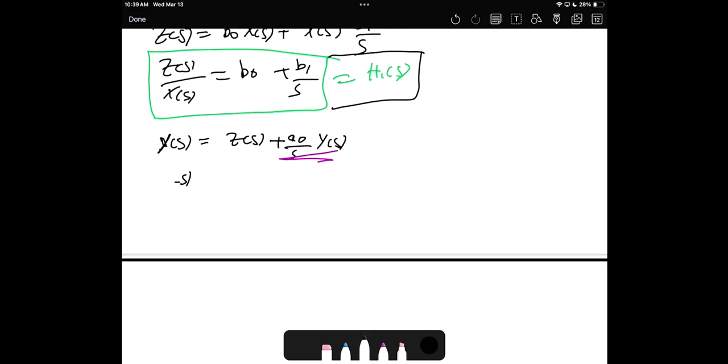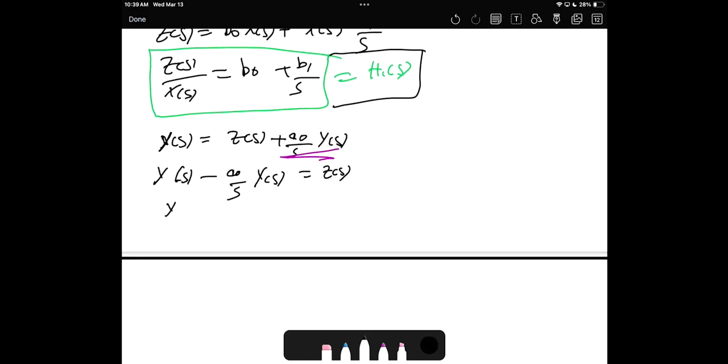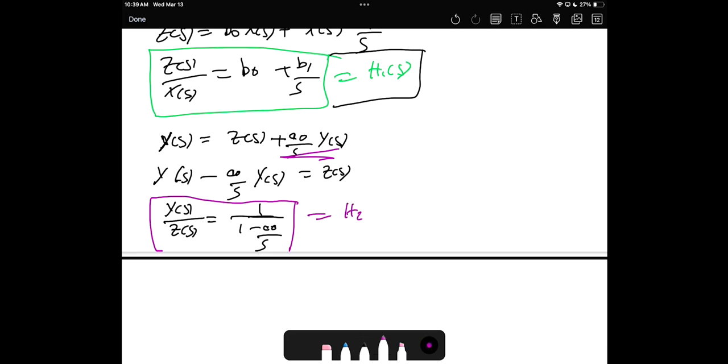Therefore, take y of s as a factor, and divide by z of s. It will be 1 over 1 minus a0 over s. Then this will be called h2 of s. Okay? Does this make sense?